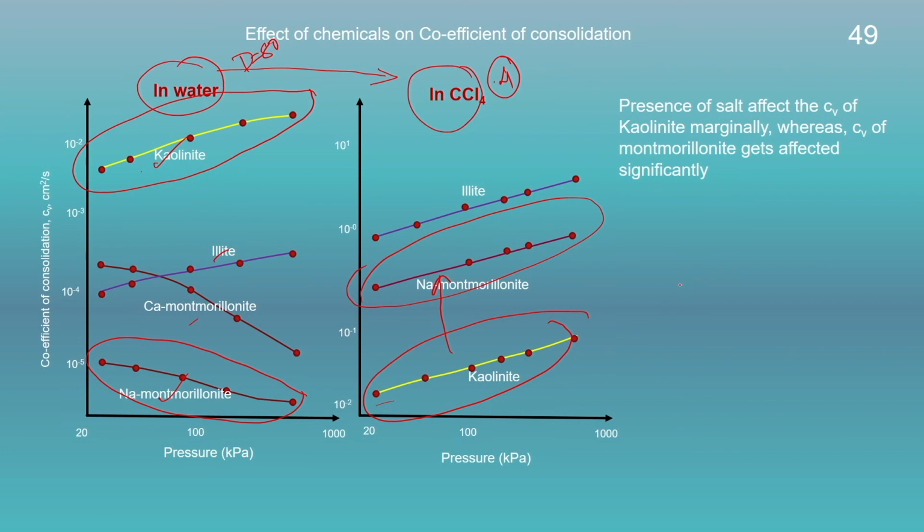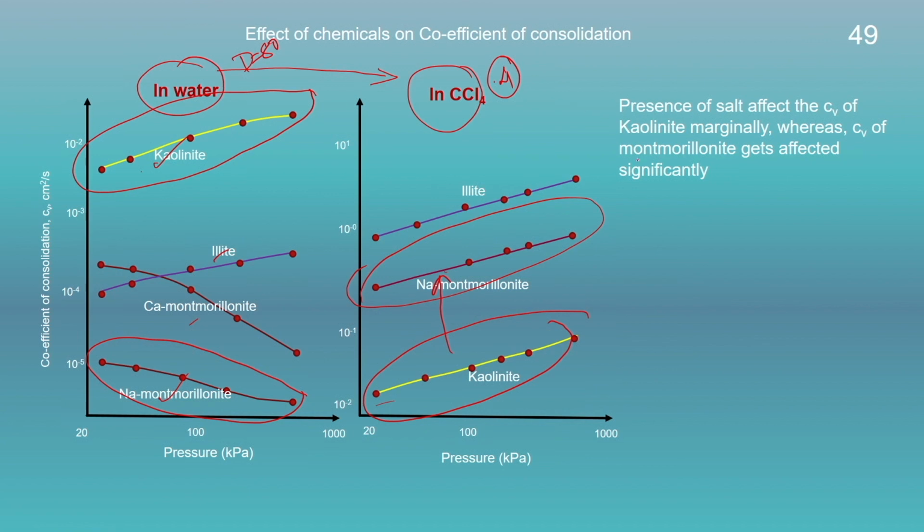As the diffuse double layer thickness reduces significantly, the individual particles can come closer and the repulsive pressure between these particles will decrease. Therefore, the rate of consolidation will also change to a large extent.